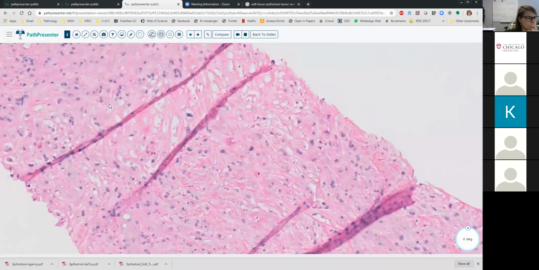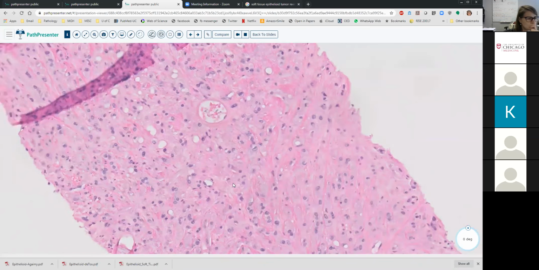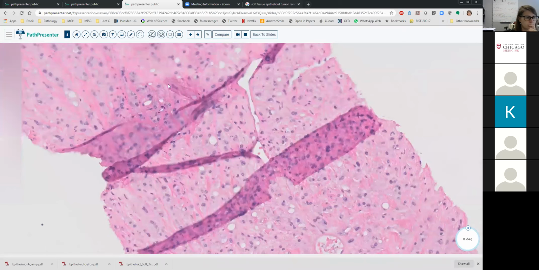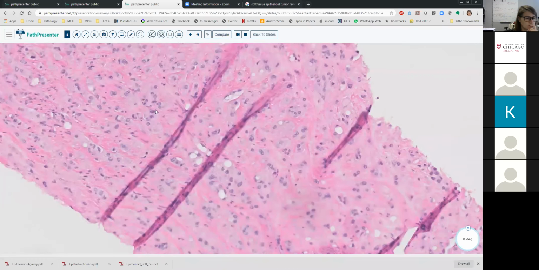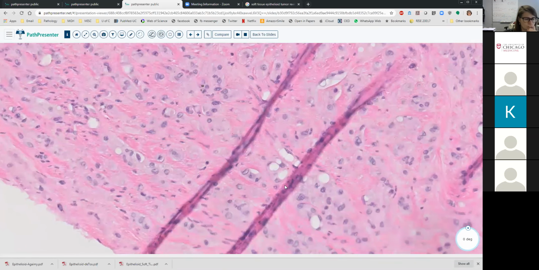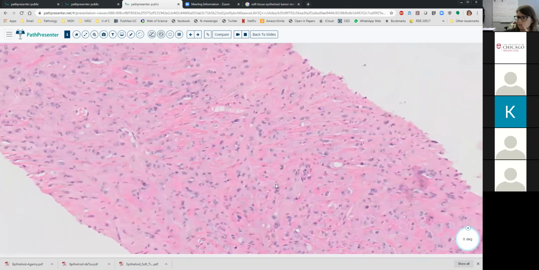And then if that is positive, you could do more specific markers, like an E-cadherin here, and see if she had a prior diagnosis, whether you look for positivity of ER, PR, and HER2 and see if it matches.